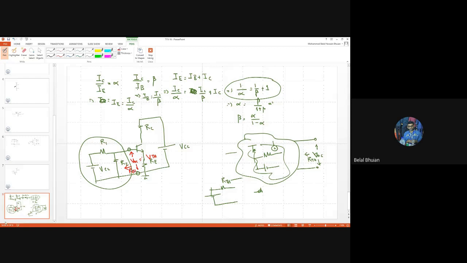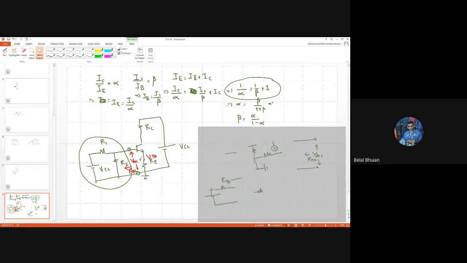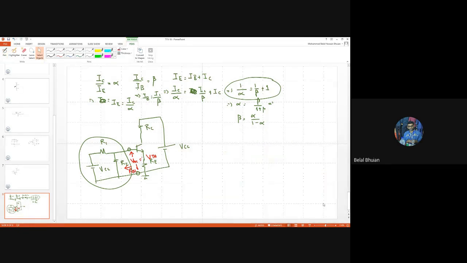Okay, so if I do that, the first thing we're going to do is disconnect it from here.